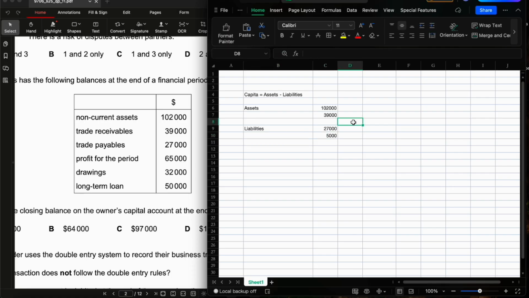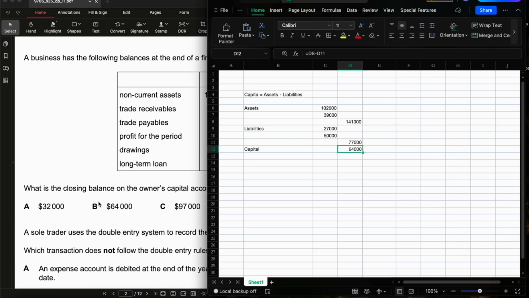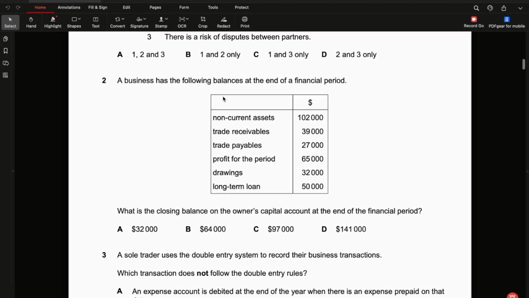So these are my total assets. And from this total asset, we subtract total liabilities. So assets minus liability will give you capital. So our capital is 109,000. Sorry. Not 50,000. 64,000. So our capital is 64,000 here. This is our correct answer. So 64,000 is option B.